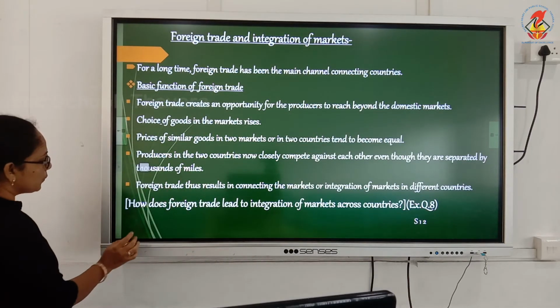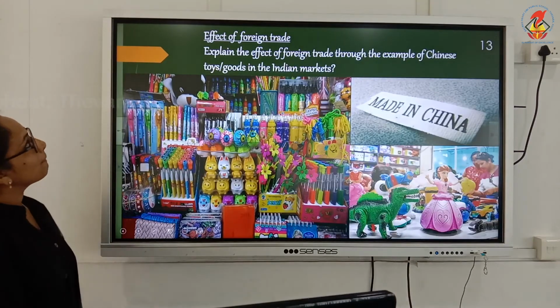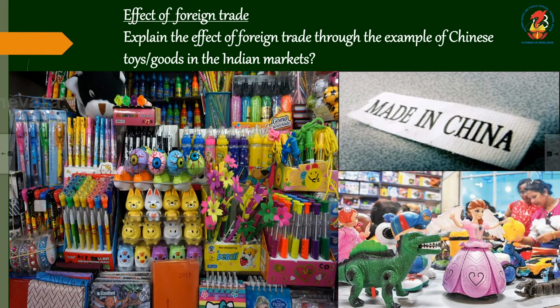Now I'll show you one interesting slide, children. Effect of foreign trade: made in China. More new technology, more interesting goods. Explain the effect of foreign trade through the example of Chinese goods or toys in the Indian market.